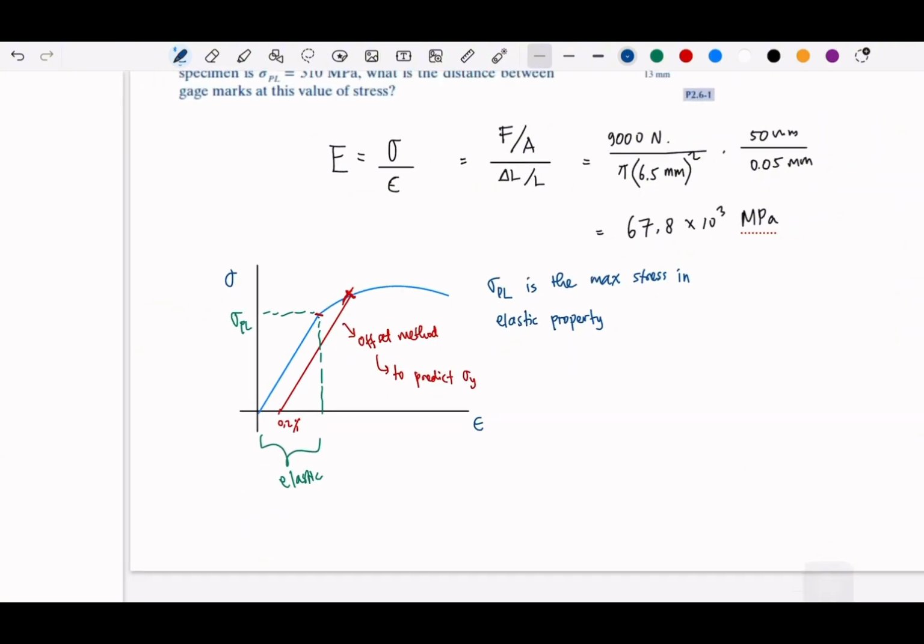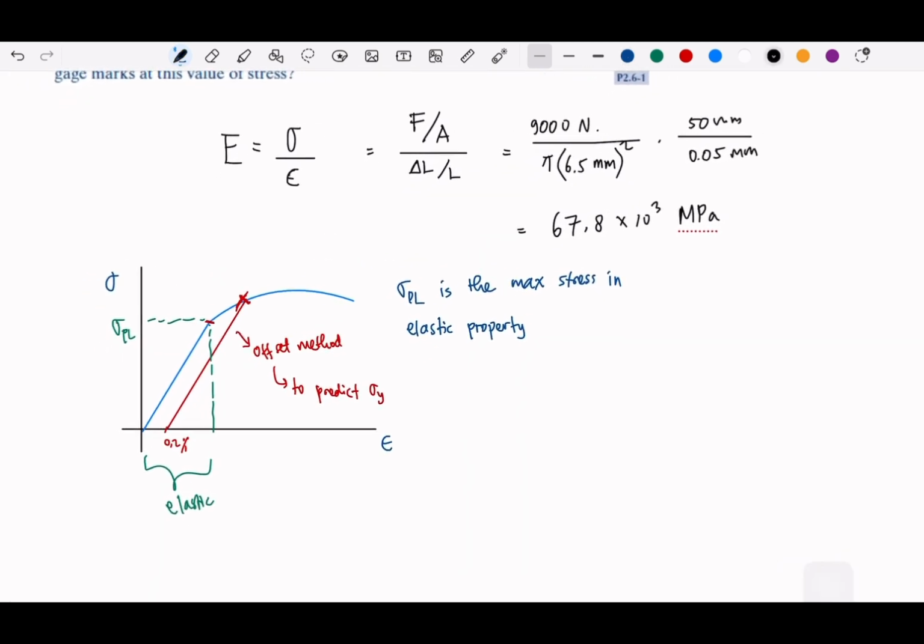Okay, now if the sigma proportional limit is 310 MPa, then based on the modulus of elastic, we can get the strain. So the strain at the proportional limit is basically sigma divided with Young's modulus. So 310 divided by 67.8.